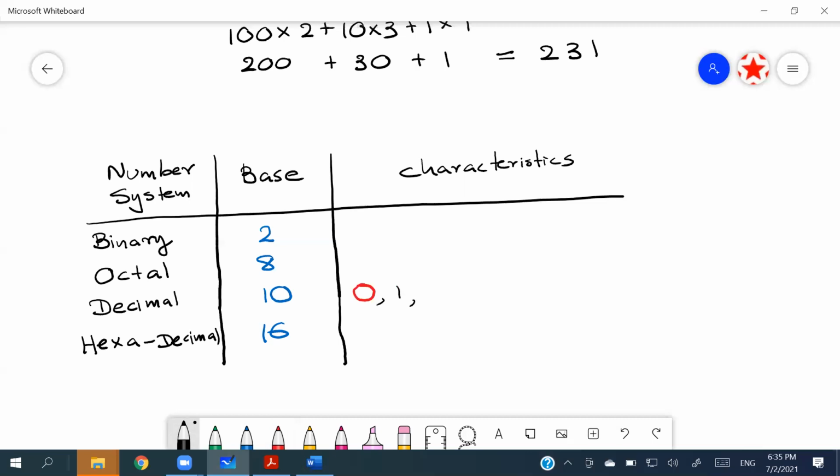It's going to be 1, 2, 3, 4, 5, 6, 7, 8, and 9. These are the only different characters that we can see in the decimal number system. Right? So how many different characters are there? Yes, people? How many different characters are there?